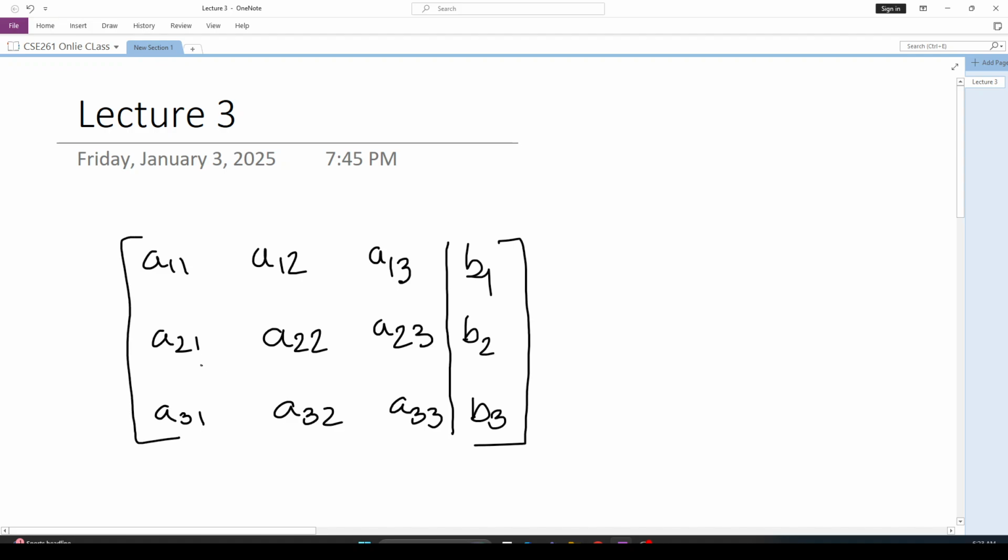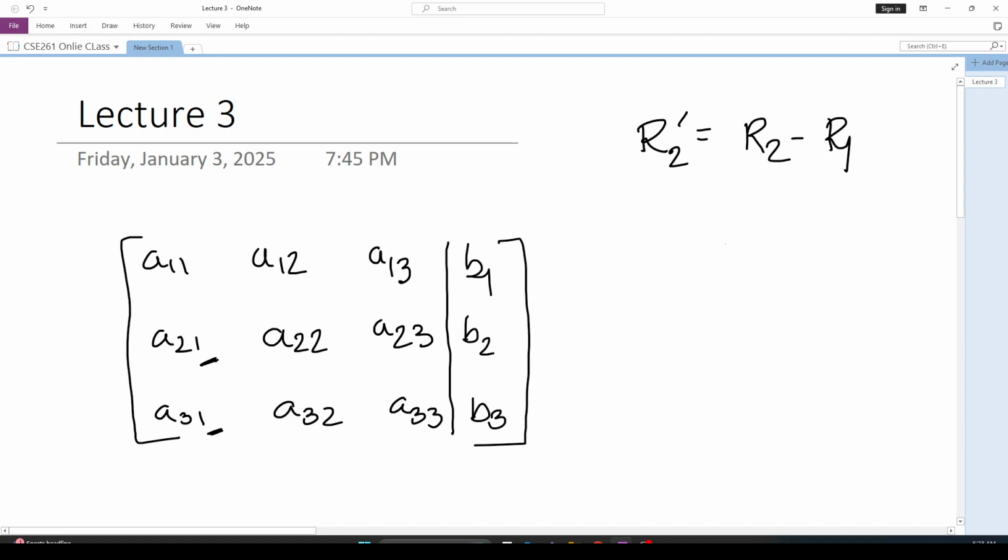Just as I said, I want to make this 0 and this 0. Now we can take help from the row operation mechanism. Suppose we write r2 prime equals r2 minus r1.